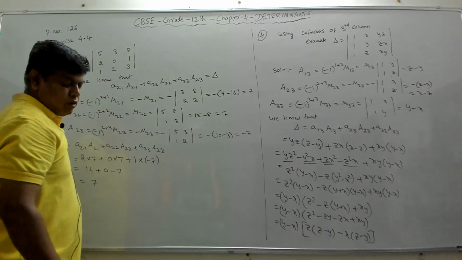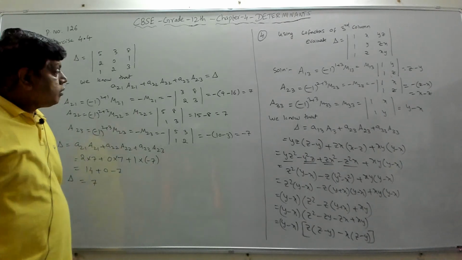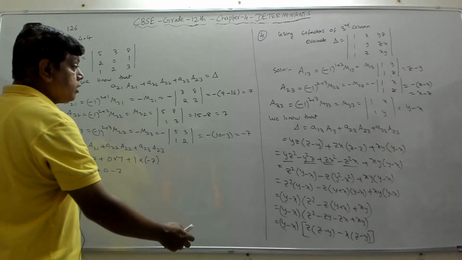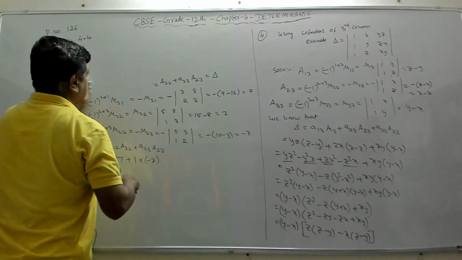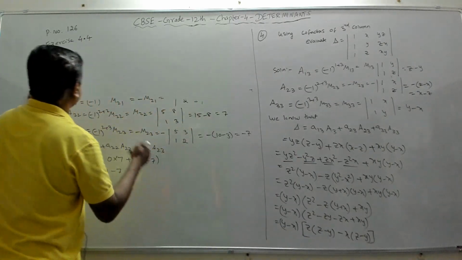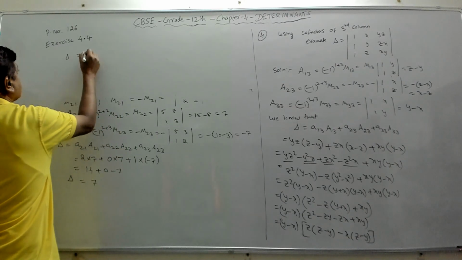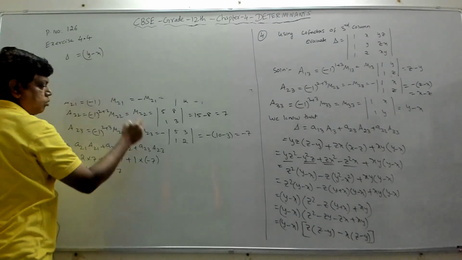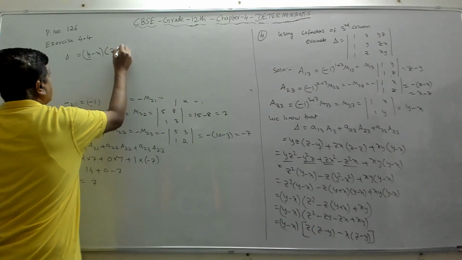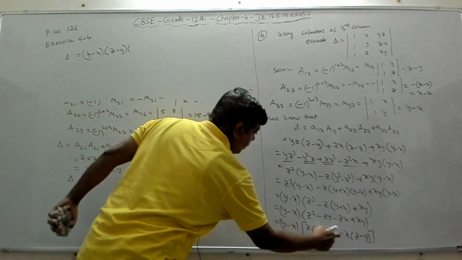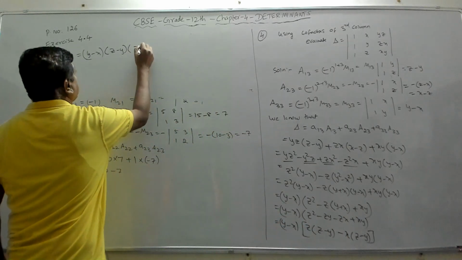Fine. I will write the continuation here, erasing this. So the continuation is delta equals y minus x into z minus y, which is common again, so I will take z minus y, then I will get z minus x.